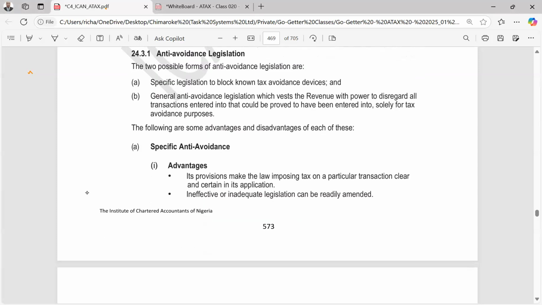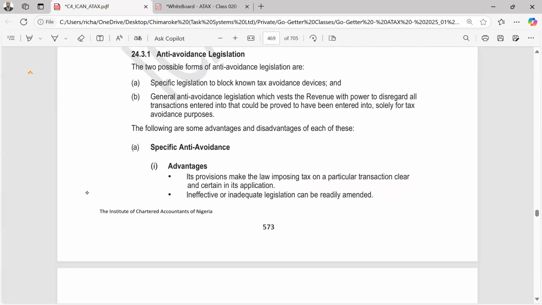Let's look at specific anti-avoidance. So when you are blocking a specific tax loophole with a specific legislation, it has an advantage. Its provision makes the law imposing tax clear and certain. So when you are trying to block a certain loophole, you make it clear.